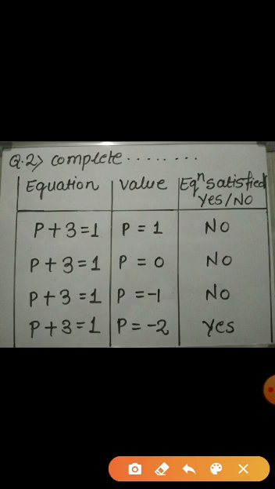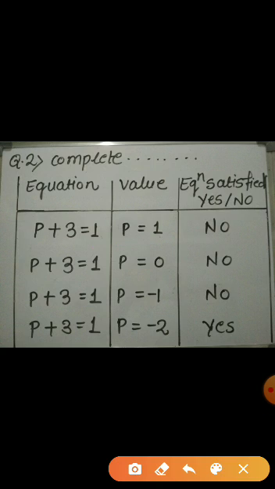Now look at this equation. Here all the four equations are the same. p plus 3 is equal to 1, right? But the values of the variable are different. Now look at the first one. Here p is equal to 1. If you substitute p is equal to 1 in the given equation, what will you get? 1 plus 3, 4, not 1.